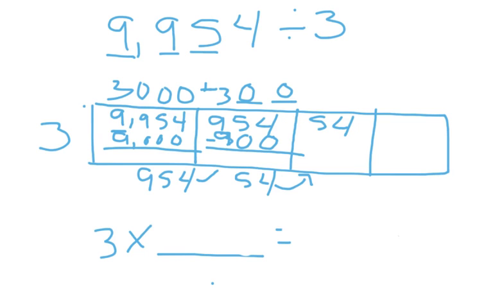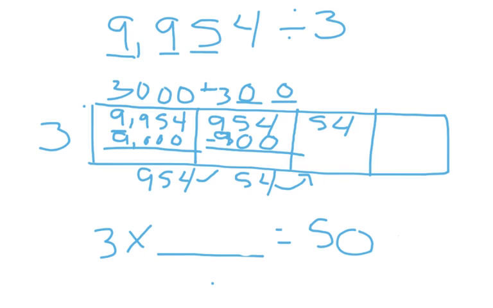Well, it's not a 5, friends. That's in the tens column. It's a 50. So 3 times what is going to get us close to 50? Well, how many tens? 3 times 10 is 30. How about 3 times 20? 3 times 2 is 6. 3 times 20 is 60. Oh, shucks.